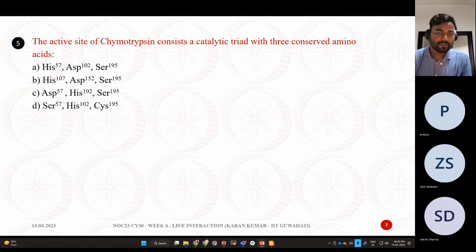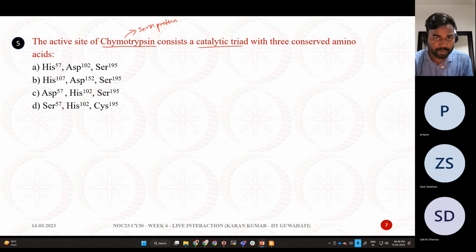Now the next question is, what is the active site of chymotrypsin? While ma'am was discussing the chymotrypsin mechanism, she discussed it. It has a catalytic triad. It is a family of serine protease, right?